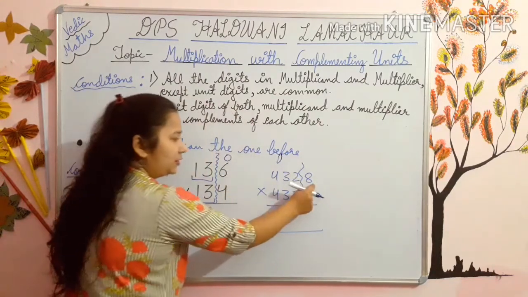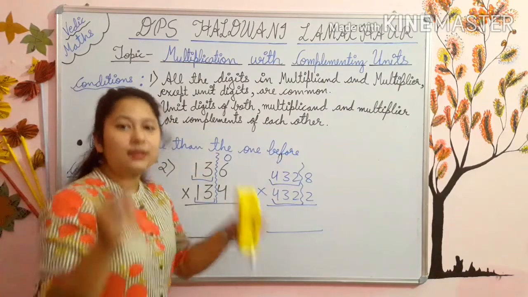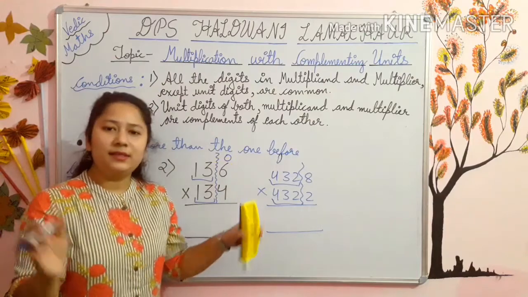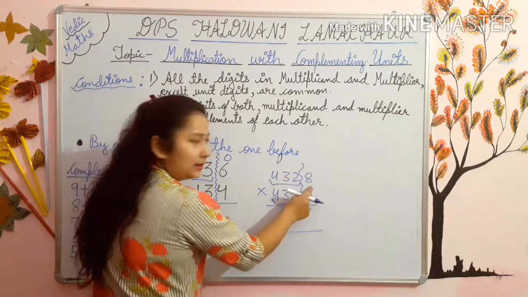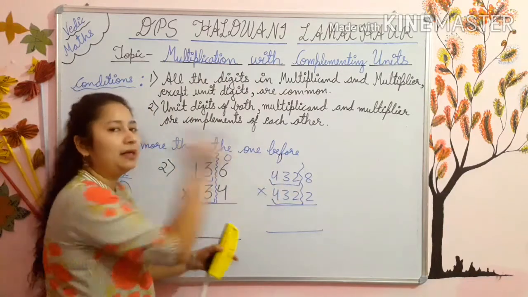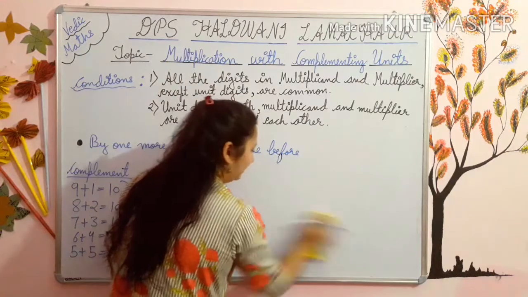Either it is ones, tens, 100, 1000, whatever is there, after the ones digit, the rest of the digits should be same in multiplicand and multiplier. Then only your trick will be applicable.